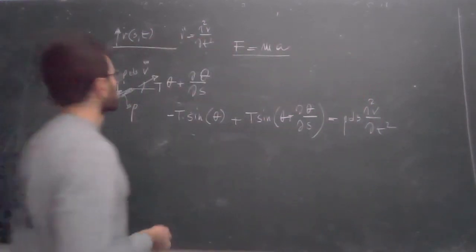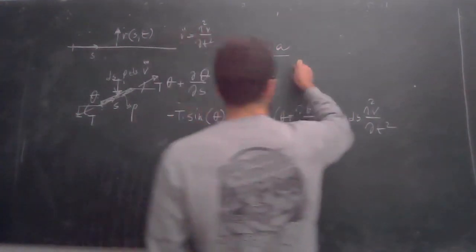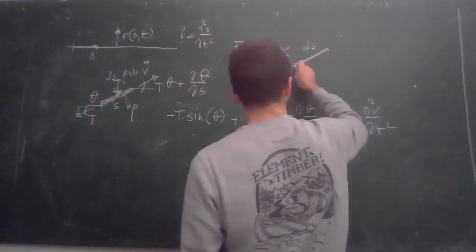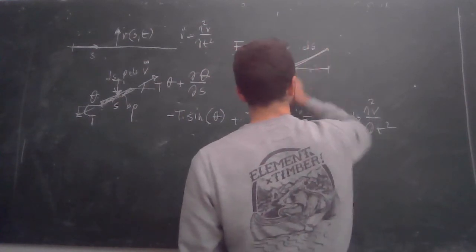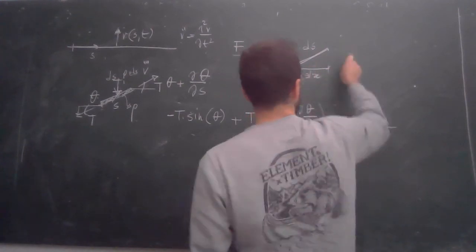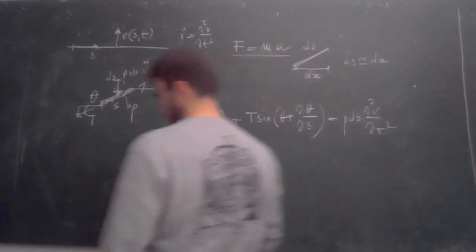Now we assume that the length of the string is equal to its projection on the x-axis. So ds is approximately dx.